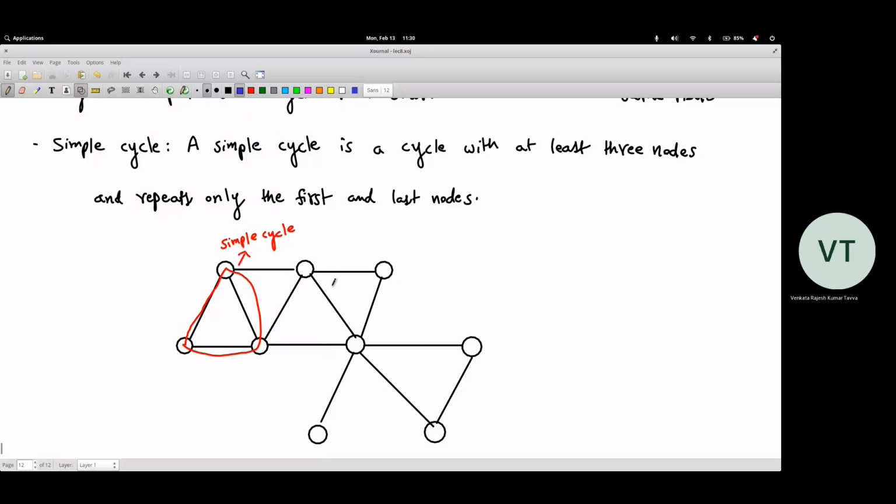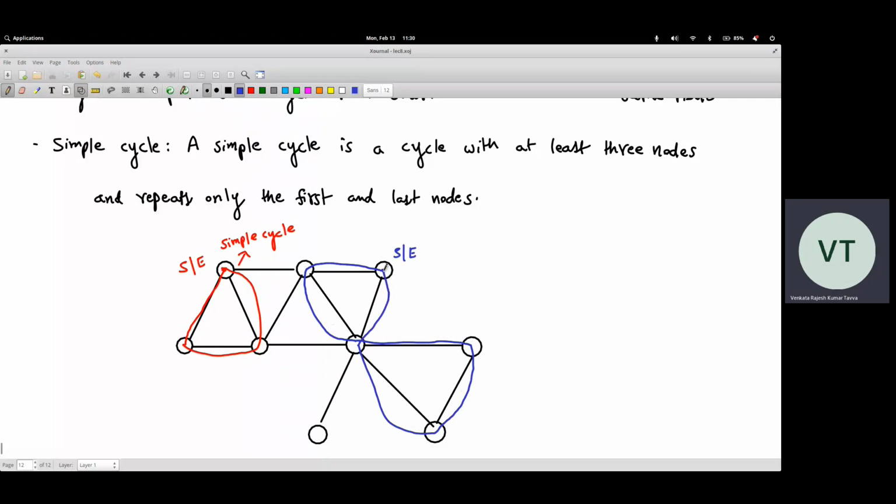Now, suppose I start here, and let's assume this is both the starting point and the ending point. Now I may choose to go like this, then go like this, and go like this, and now I come back like this, and then I come back to the starting point.